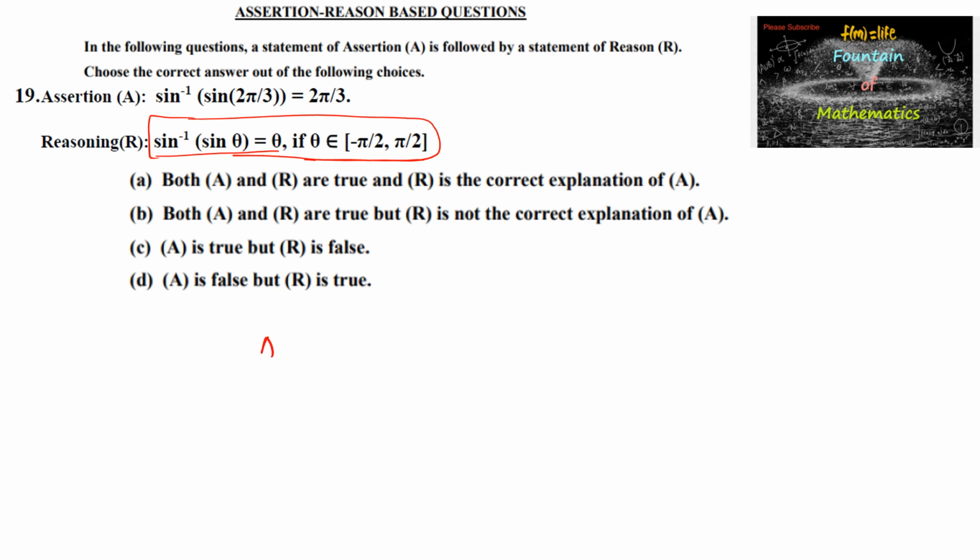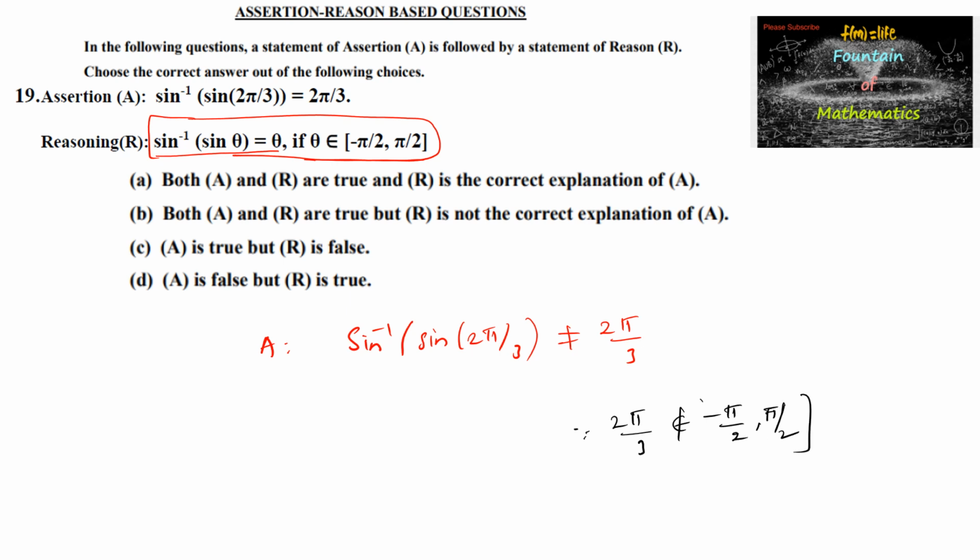But in the assertion, sine inverse of sine 2 pi by 3 cannot be equal to 2 pi by 3, since 2 pi by 3 is 120 degrees, which does not belong to the range minus pi by 2 to plus pi by 2. So the assertion is false and the reason is true. So we go with the option: assertion is false and reason is true, which is option D.